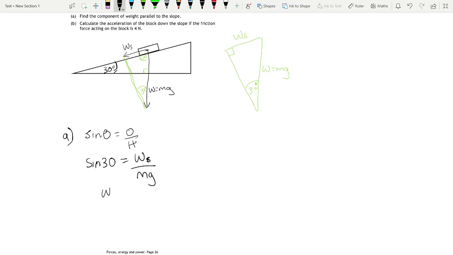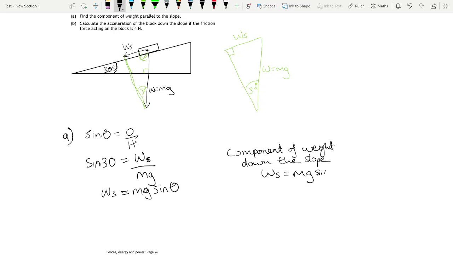So the component of weight down the slope is going to be mg sine 30. And luckily, that's a cheat, because that's always going to be that. The component of weight down the slope will always be mg sine theta, and the theta is always the angle of the slope.